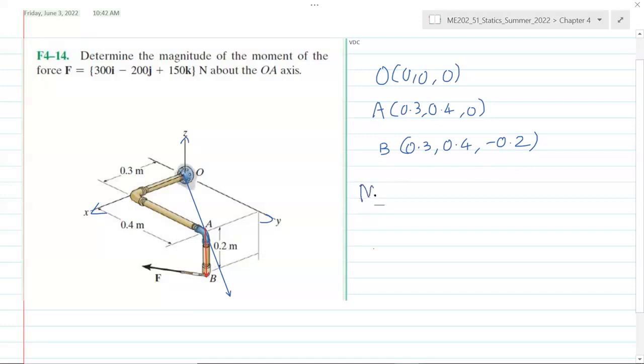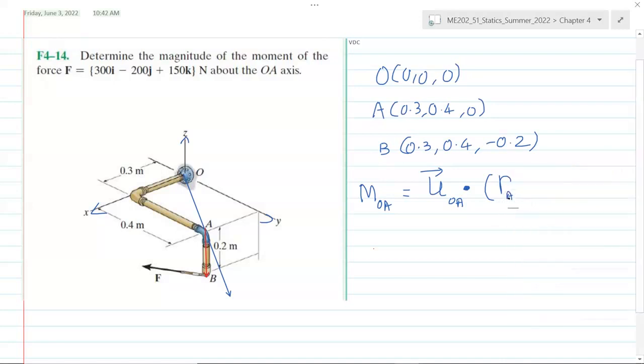The final answer, the moment of this force about axis OA, can be calculated using the unit vector for that axis dot product r, AB or OB.